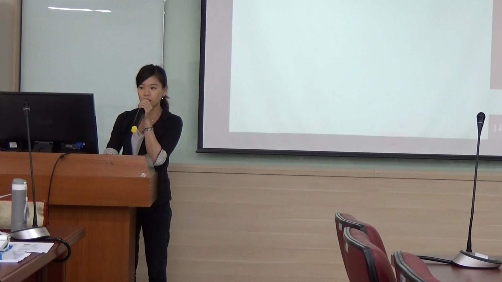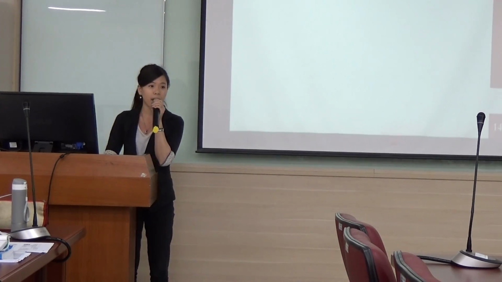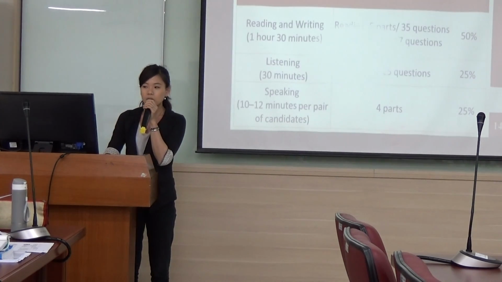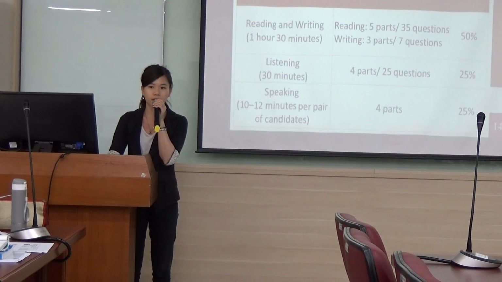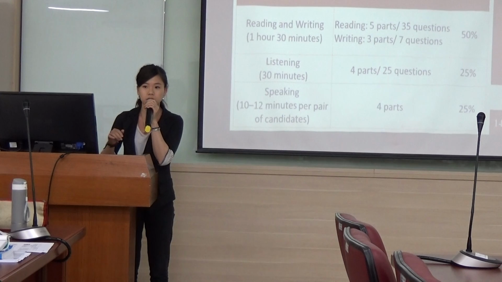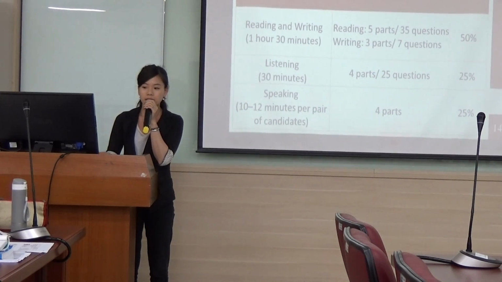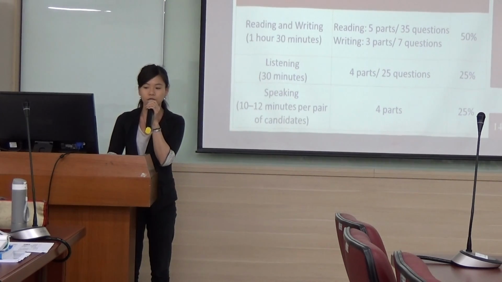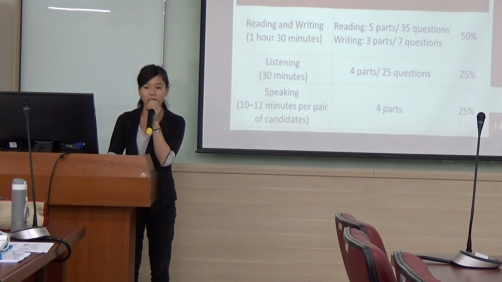The first one is the Cambridge Preliminary English Test, which we call the PET test. It was used to homogenize the subjects among all participants, and it tests 4 skills of English: reading, writing, listening, and speaking.